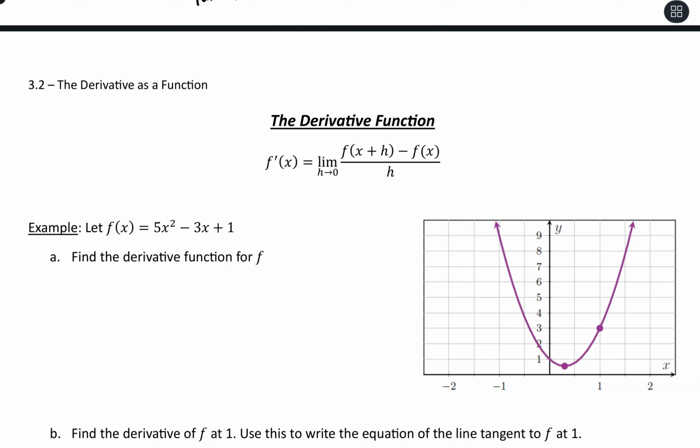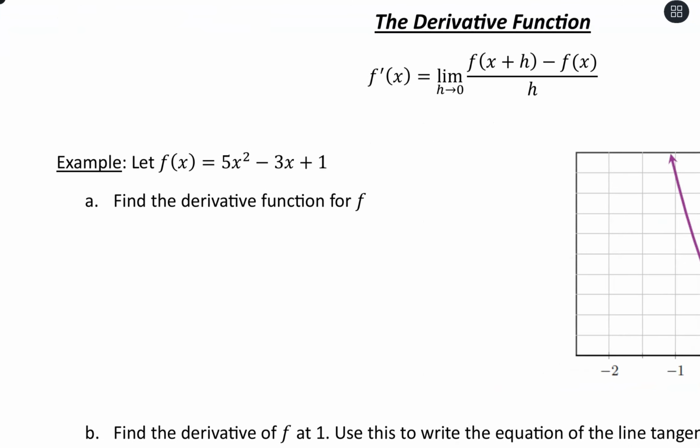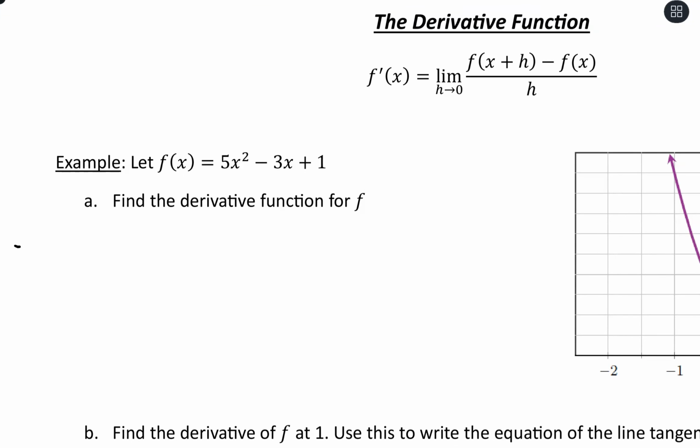So our process is going to be the same, but what's going to change is we will not have a numerical value for x. Now we're going to leave that as x and evaluate around it. So if we're looking for a general derivative function, f prime of x, we would be taking the limit as h approaches 0 of f of x plus h.